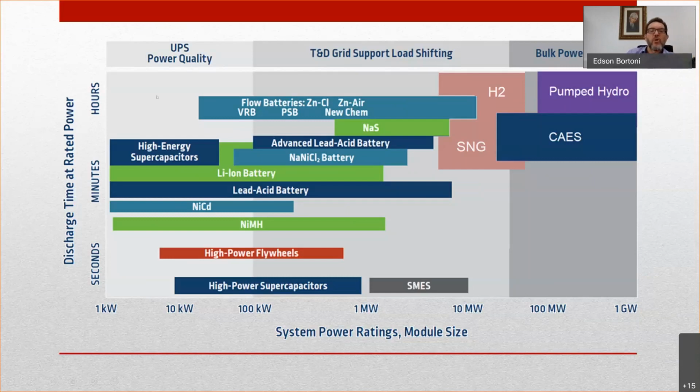So you can have here in the area supercapacitors, superconducting magnets, energy storage flywheels, and the batteries cover all of this area, supercapacitors, and pumped hydro, compressed air energy storage systems, hydrogen, and synthetic natural gas. Synthetic natural gas, they call syngas.